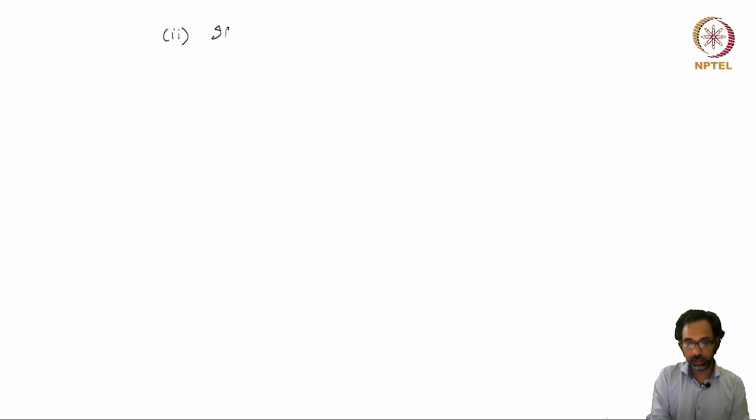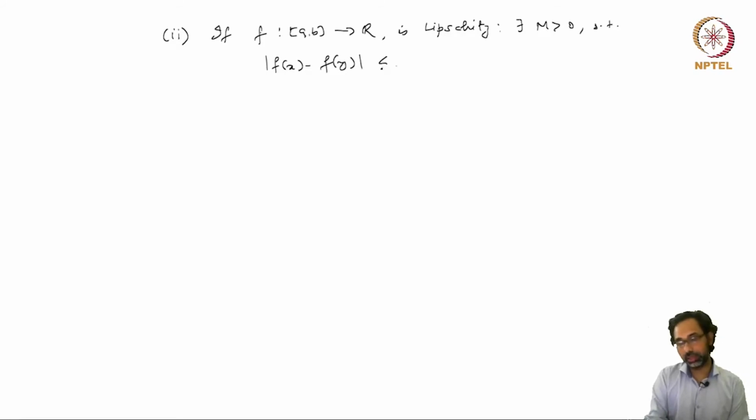Now another example is, if f from [a, b], same domain, is Lipschitz. It's a Lipschitz map, which means that there exists a constant M such that the modulus of f(x) minus f(y) is less than or equal to M times modulus of x minus y for all x, y in [a, b], then f is of bounded variation.